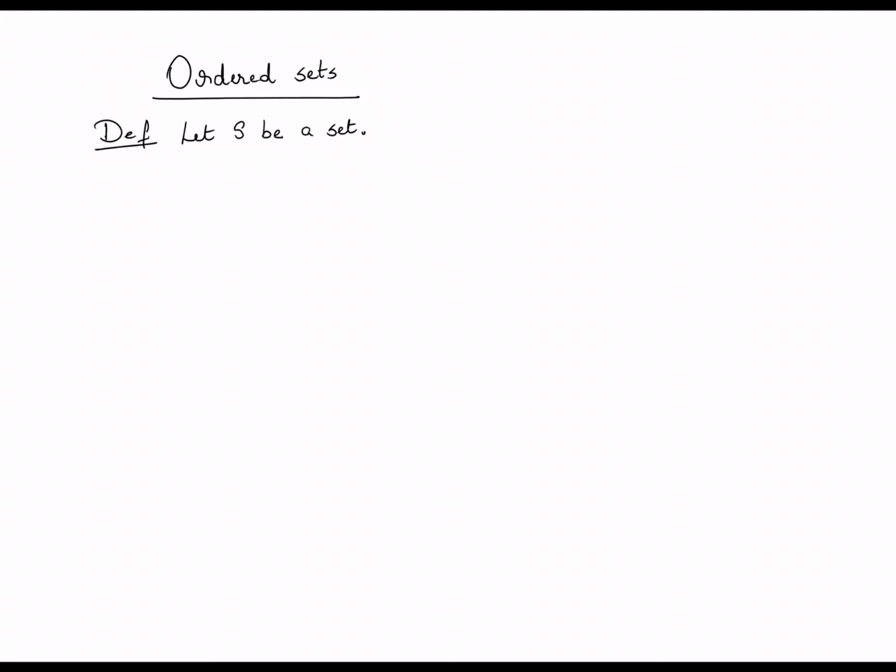Okay, now what does it mean to have an order on the set? An order on the set is a relation. I'll explain what that is. It is denoted typically by the less than symbol, with the following property.